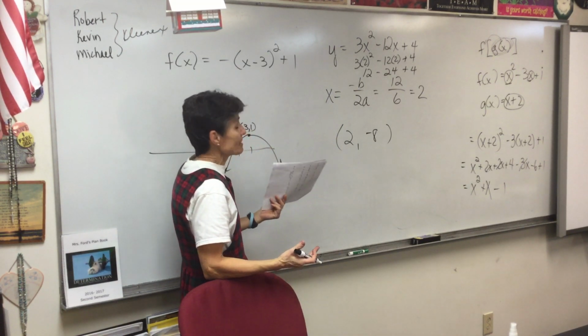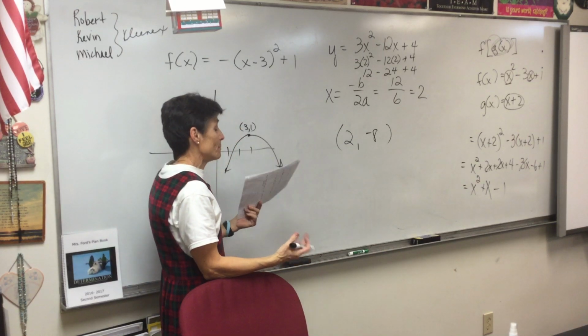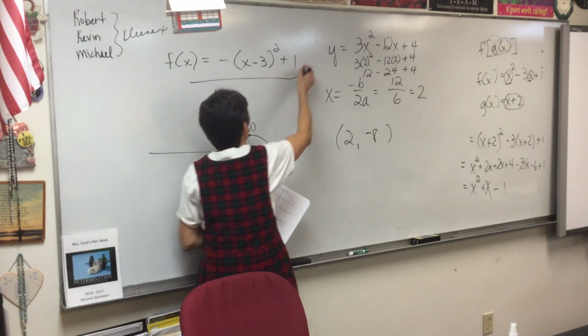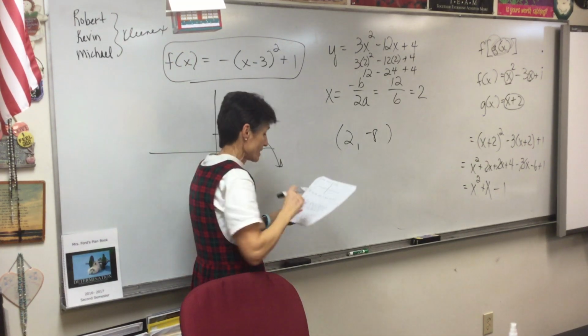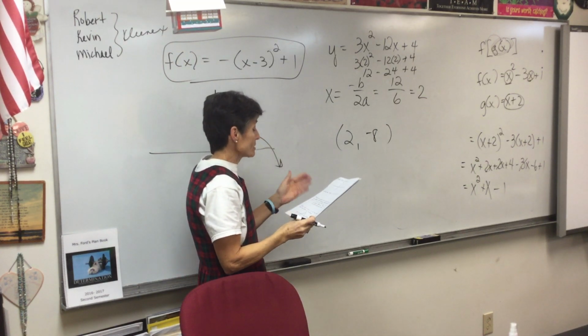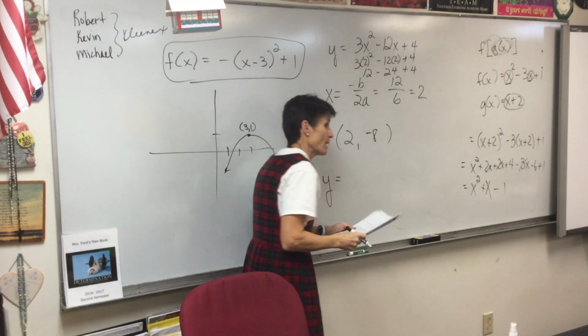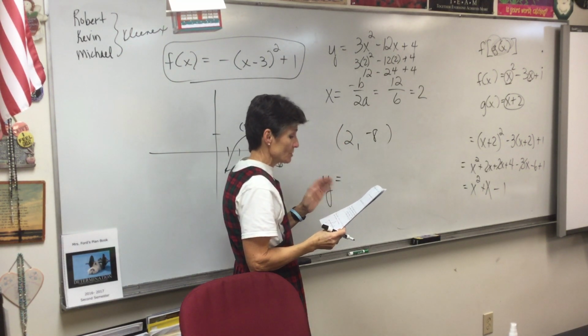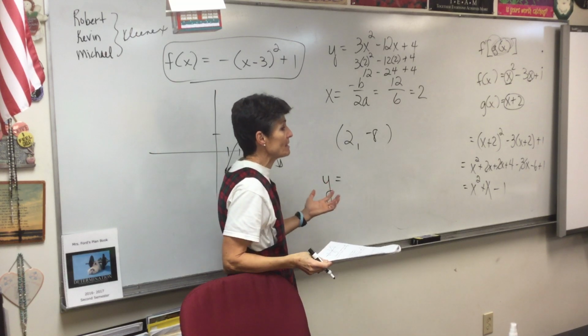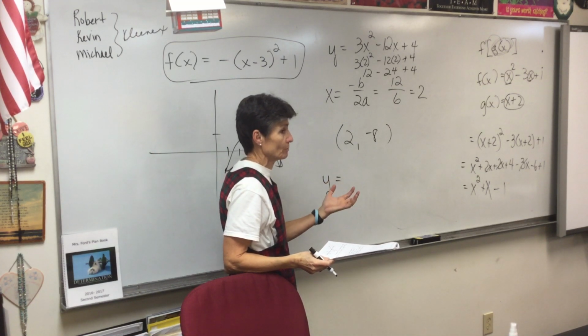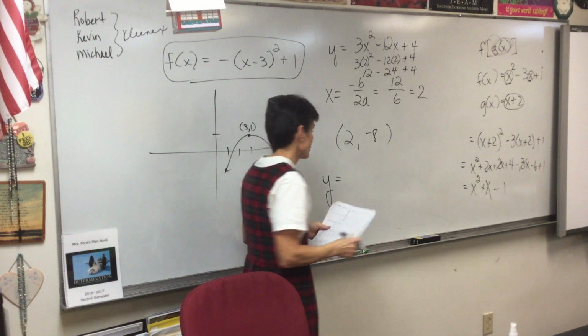13 is exactly the same sort of thing. You're building the equation, something that looks similar to this, an equation that has a horizontal shift to the left 2. What does that mean about your equation if it's going left 2? x plus 2.